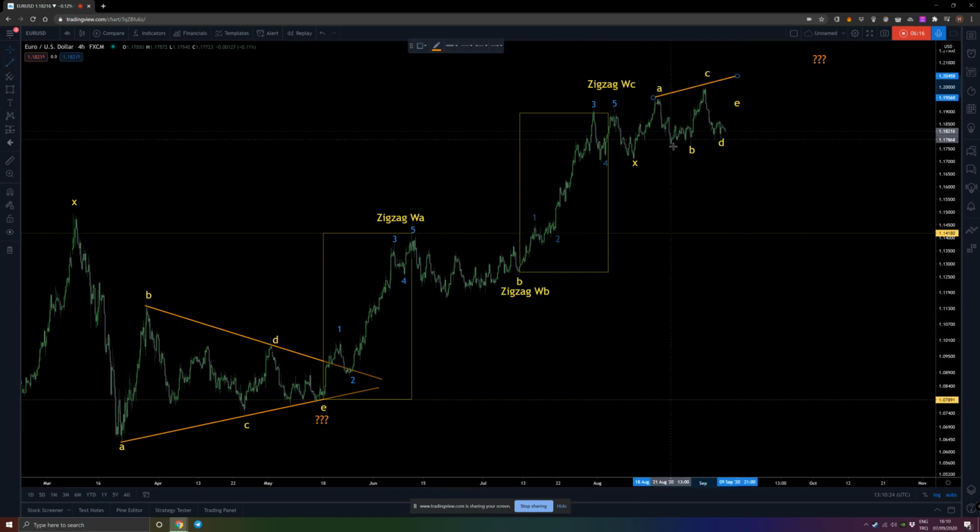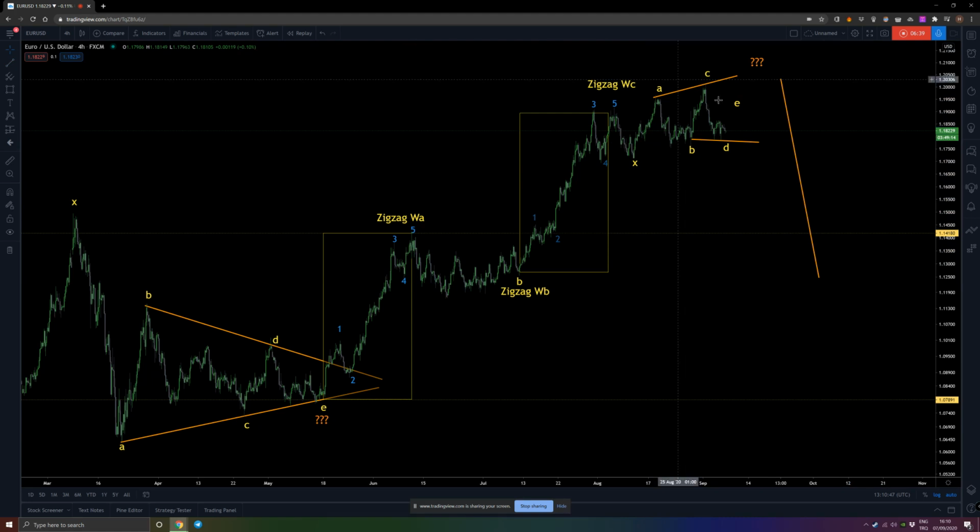Actually, let's check if it's an expanding one or not. So we can have some type of expanding triangle, something like this. Or we can have a D wave something like this too. We don't know. We can have something like this, and that will finish this double combination, the zigzag, X wave and a triangle, and then that would be the end of this wave, and we should expect a move to the downside. That is one possibility.